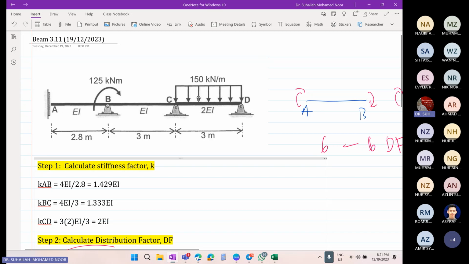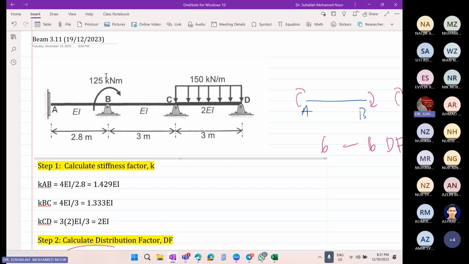CD has FEM because of the UDL. The applied moment of 125 kilonewton meter at joint B is not FEM, because FEM is for a member with load, with vertical force on the member.